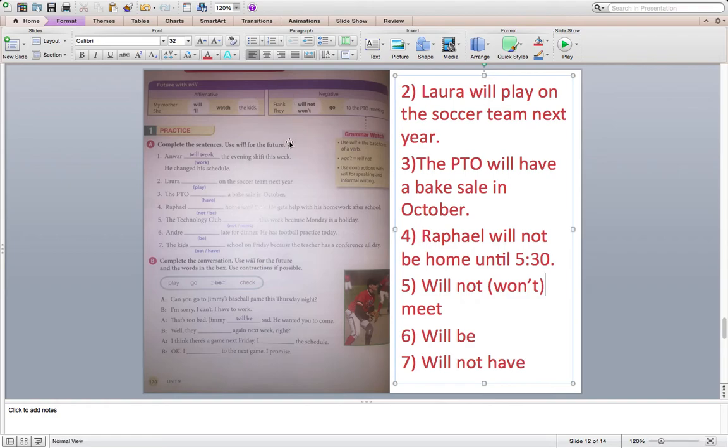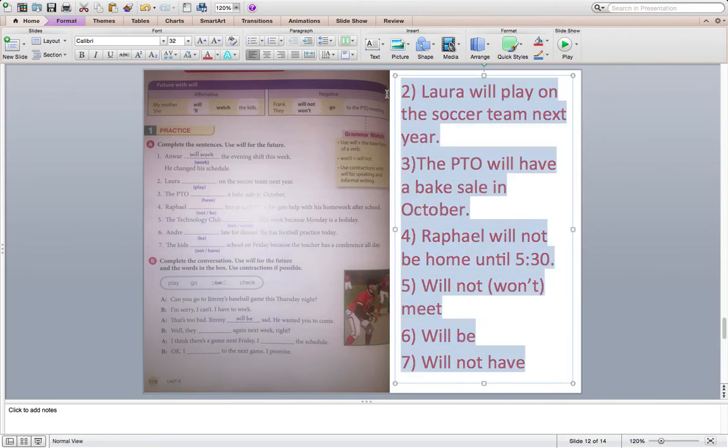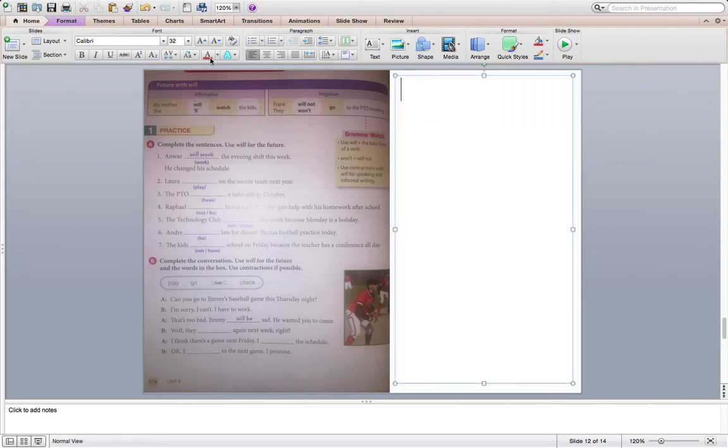And that's some practice with affirmative and negative and the future tense will and will not. So for example, if we're talking about the school closures, you can ask, when will the school be open?